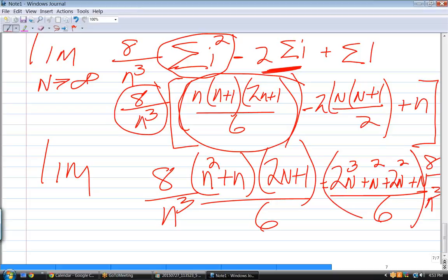Notice that the only term that loses the n completely is that one. I'm multiplying by 8 over n cubed. Okay.